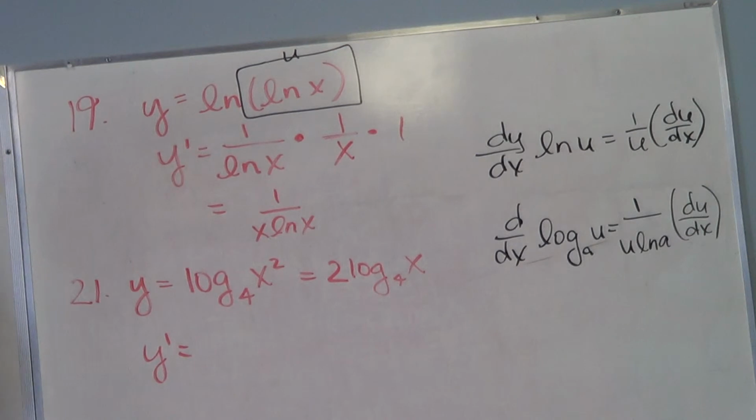And it will just have a negative in the front. So negative 1 over x ln 2 times the derivative of the u, which is what? 1? Yeah, it's just x here, so just 1. So negative 1 over x ln 2.